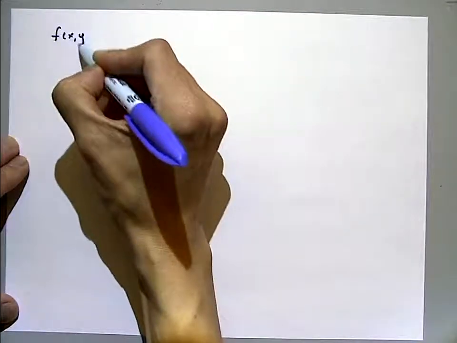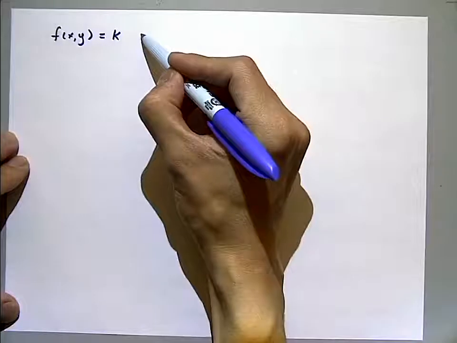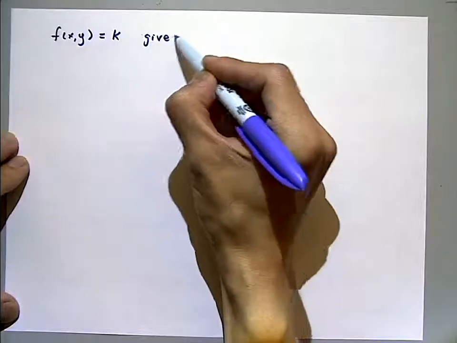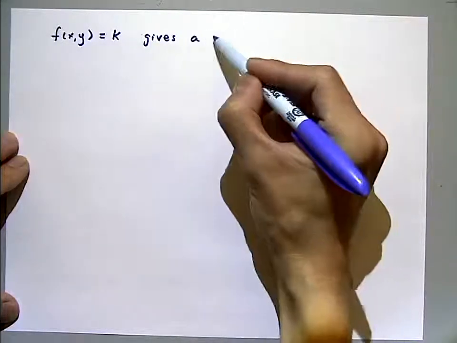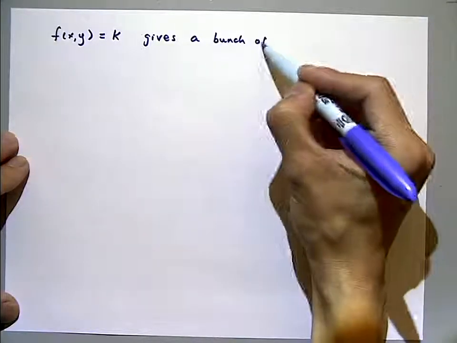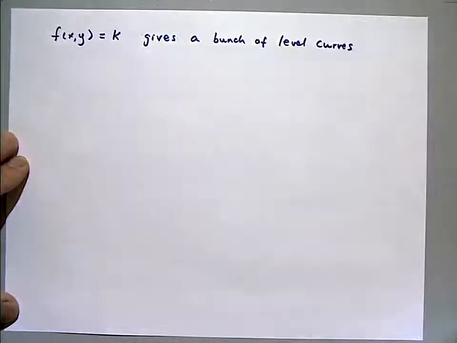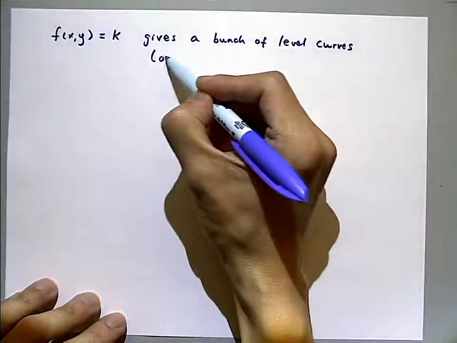So let's look at just a two-dimensional function for now. If we set it to a constant, then we're going to get a bunch of level curves out of it, because we get one for each k.